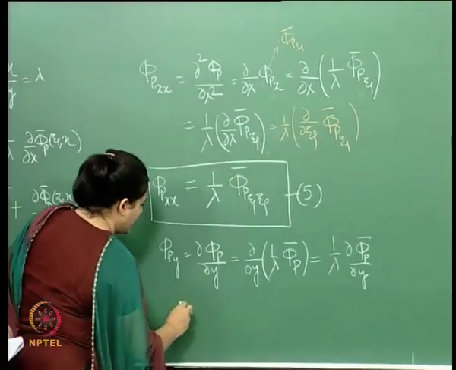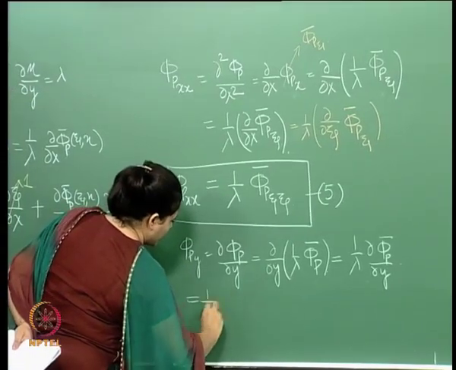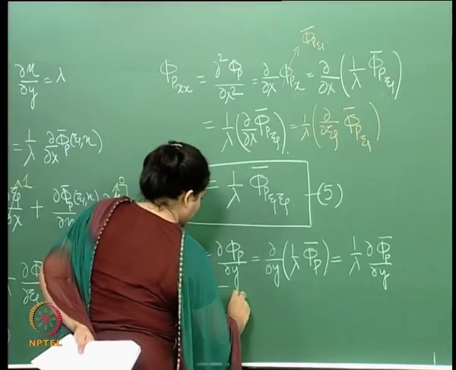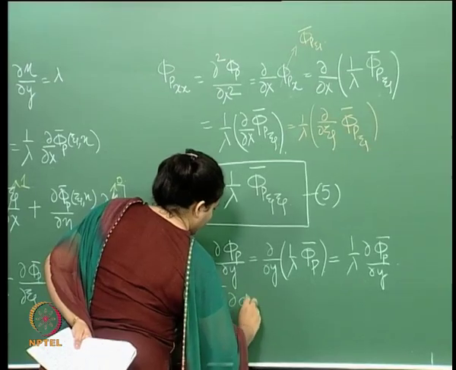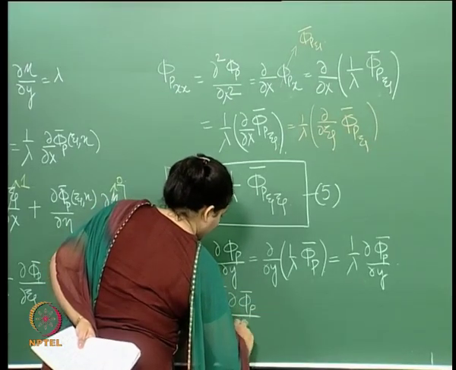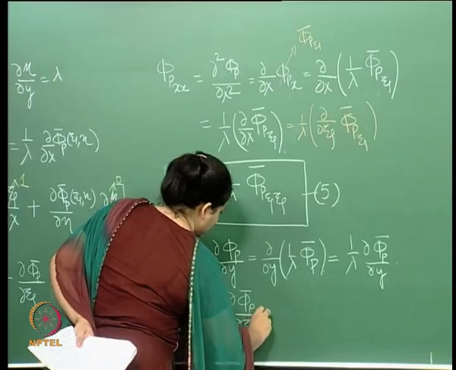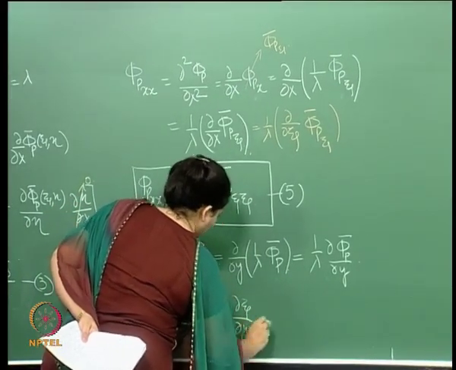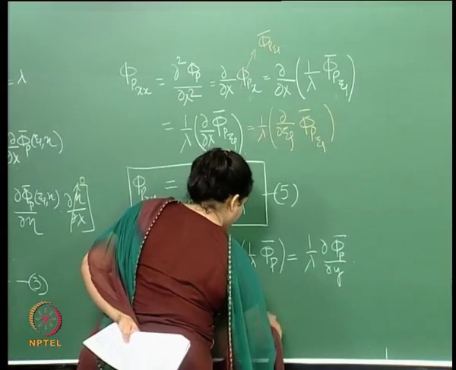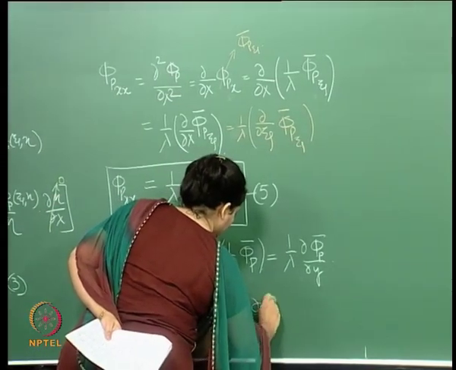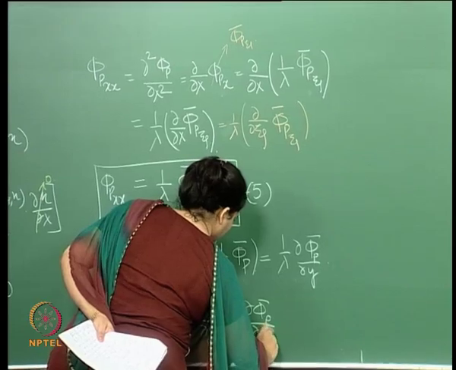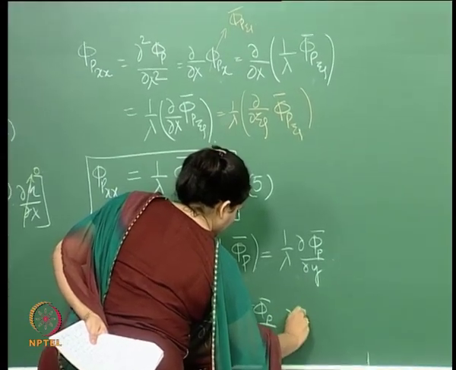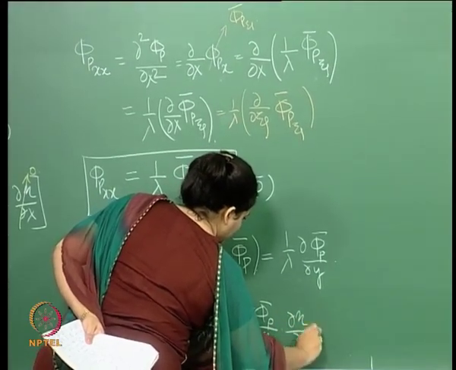Now let me go ahead and expand this. So what we get here is this. Now del phi p bar del z, del z del y, then plus del phi p bar del eta, del eta del y.